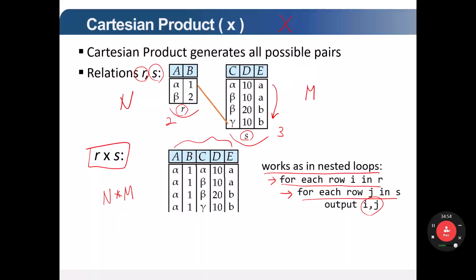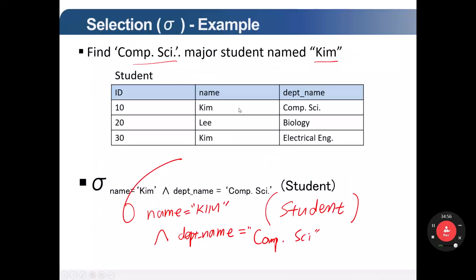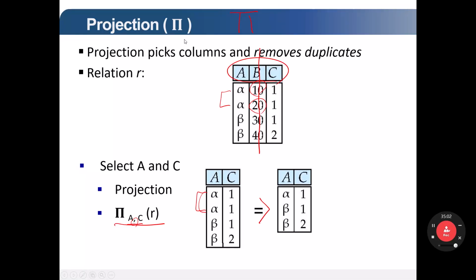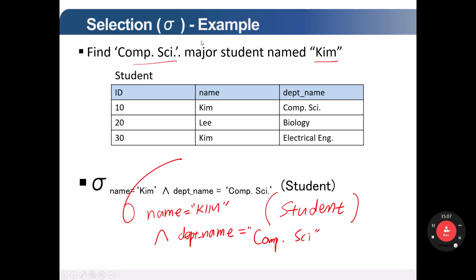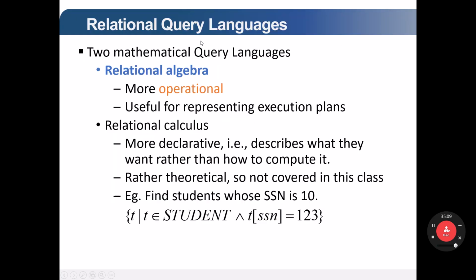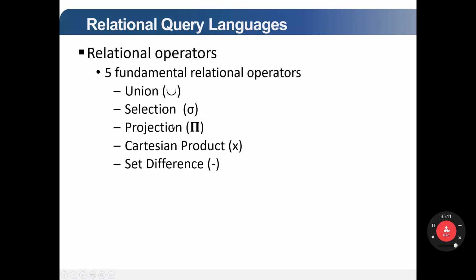Selection operator is a unary operator. It needs only one relation, so we don't care about the number of attributes. Projection also is a unary operator, so we don't care about that. So this is binary, this is unary, binary, binary.